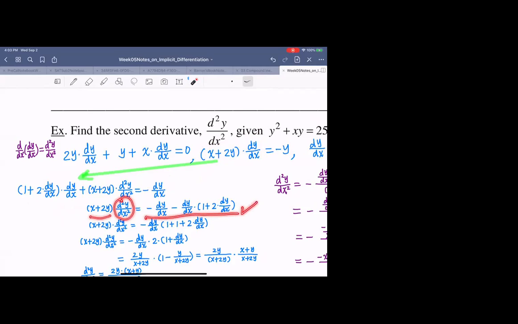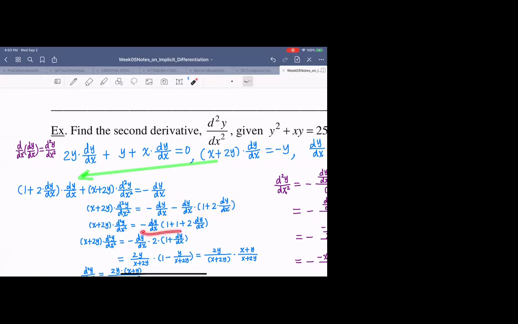Okay. And I want to take out this factor. They both have a dy over dx, negative dy over dx. So I take a negative dy over dx out. This term becomes 1. And then this term, after I take out this negative, is left with this parenthesis.